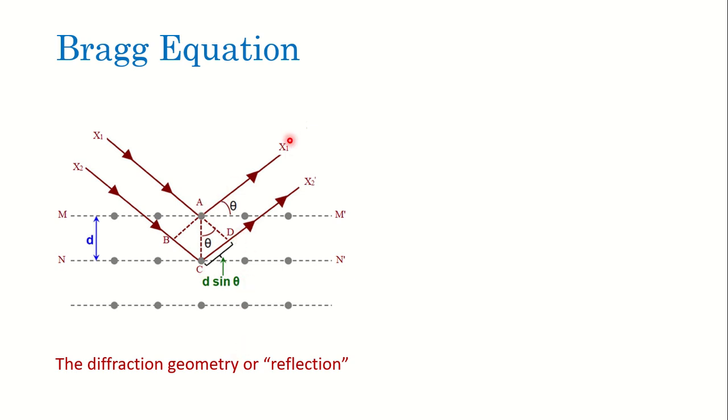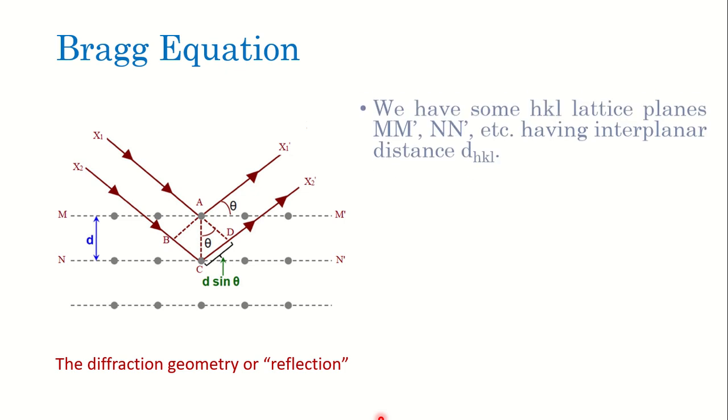Here these lines behave as if the X-rays are getting reflected, but this is not reflection, this is diffraction. If you do use the term reflection, you must put it in inverted commas, because it seems as if it is reflecting, but this is diffraction, not reflection.